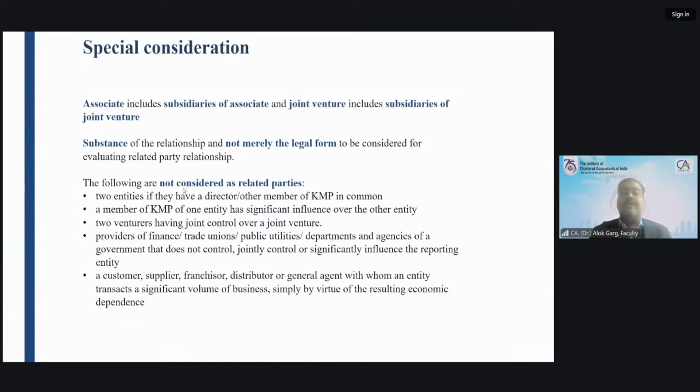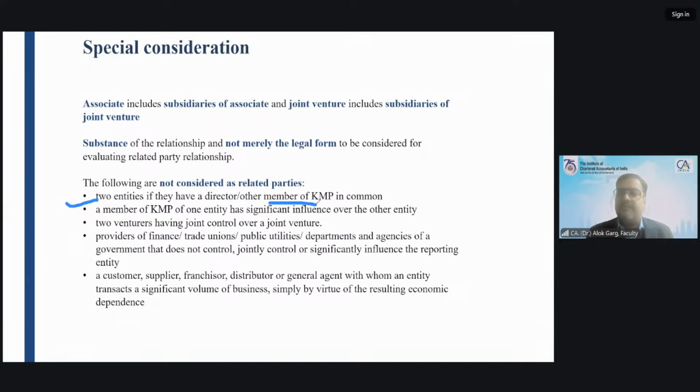The following entities are not considered as related parties. What are the exclusions? Two entities if they have a director or other member of the KMP in common. You remember when we discussed this? So let's say we discussed that if a person is having control in one entity and a person is a KMP in the other entity, then only those two entities will become related parties, right?